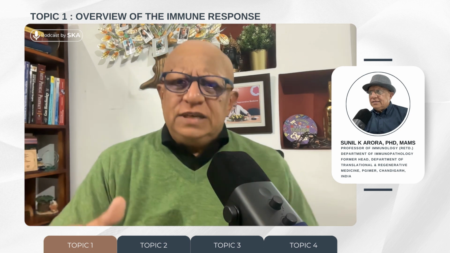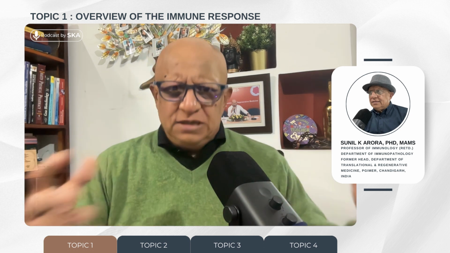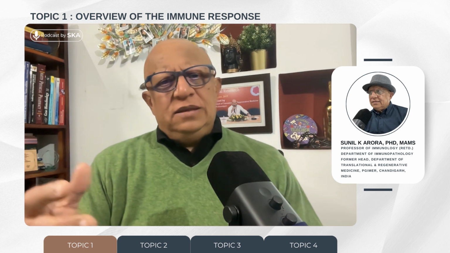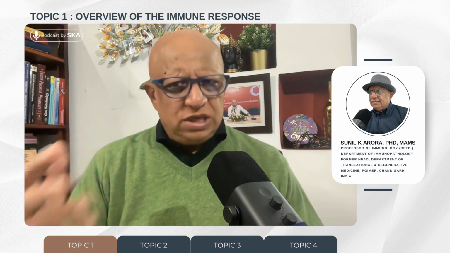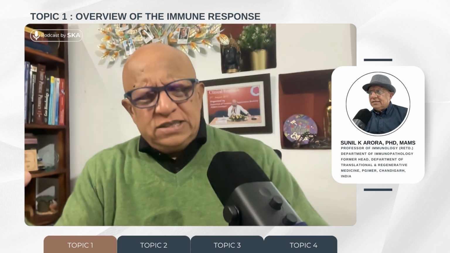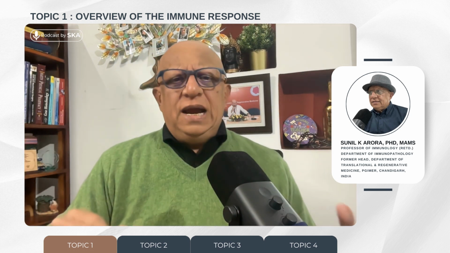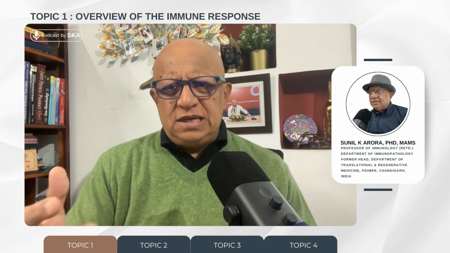The antigen specific T cells, when activated, undergo clonal expansion, and then they differentiate into various kinds of cells, the Th1, Th2, Th17, T follicular helper cells, T regulatory cells, depending on the cytokine milieu and the pathogen which is seen by the antigen presenting cells.